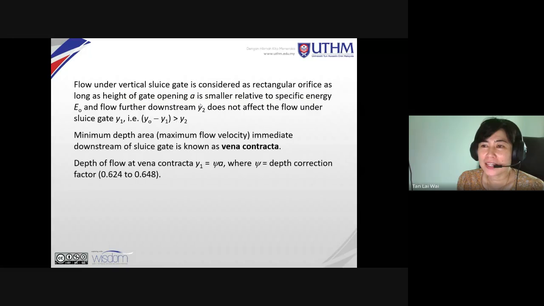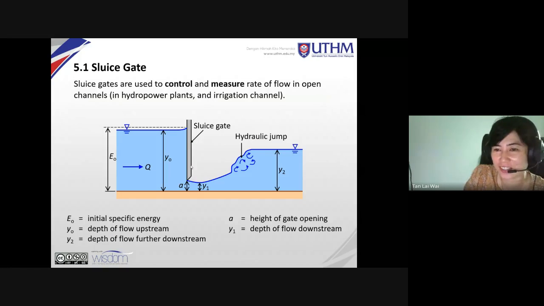As long as the height of gate opening A is smaller relative to E naught. Of course, if the gate opening is as large as E naught, then this gate serves no function to control the flow. It will just freely discharge.